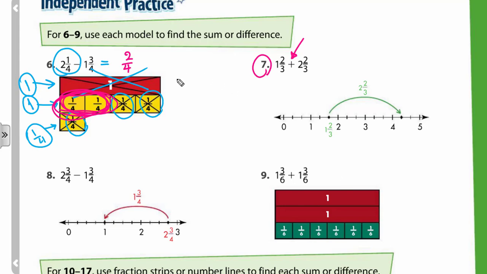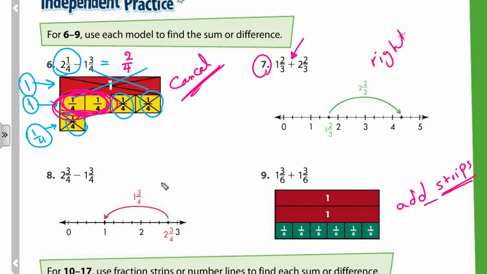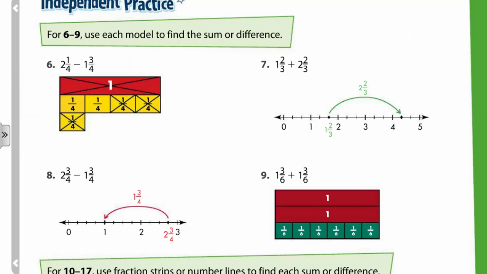So here, this is cancel strips. And here, we will add strips. Draw more, here to the right, because it's plus. And here, it's to the left, because it's minus. Okay. Now, as you can see, this is the difference. Let's erase all this. I will write only the answer here. It's 2/4.